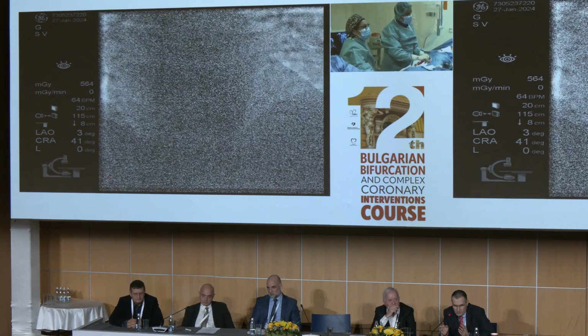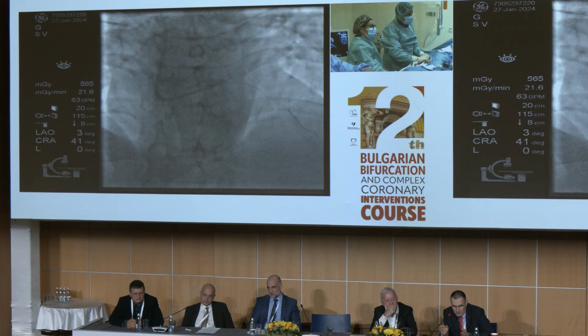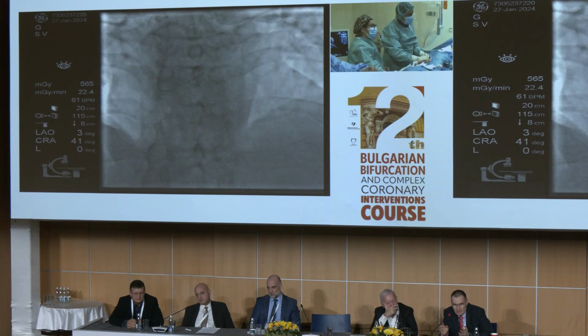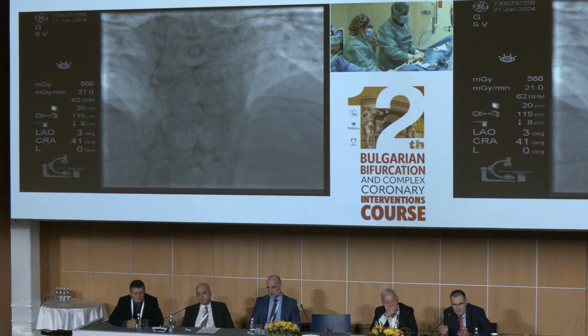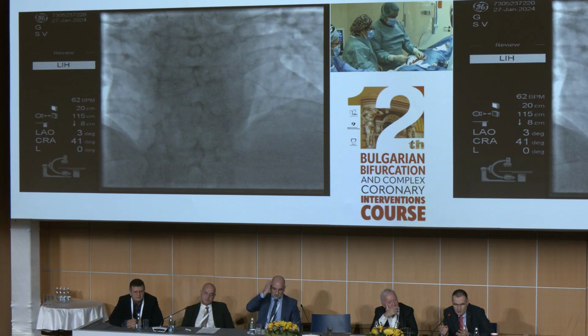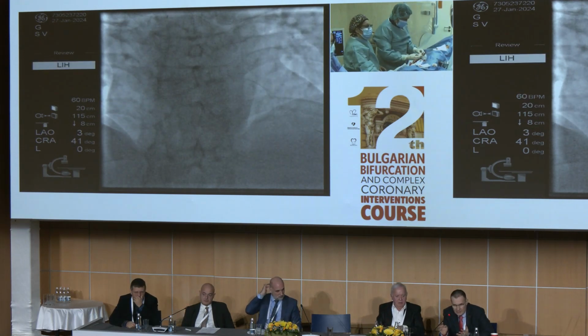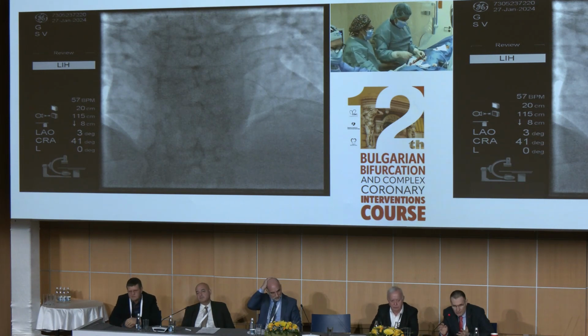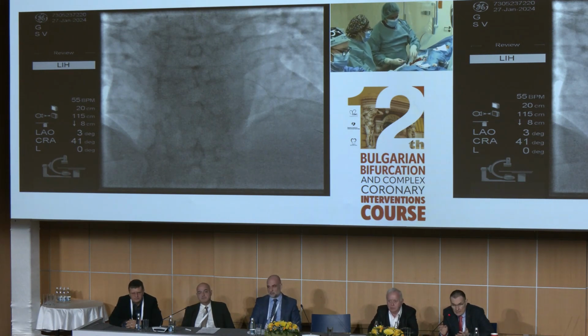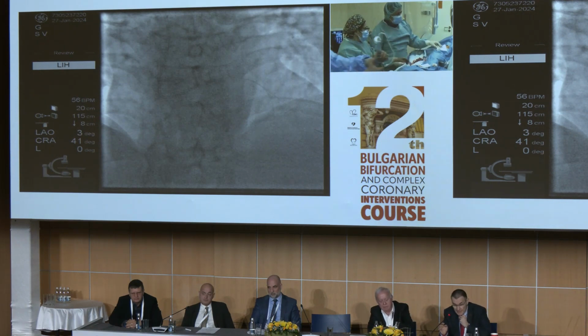But what we saw from the contrast puffs, there was still some penetration of contrast behind the balloon. Contrast penetrated and visualized the diagonal branch and the septal. For me, this is really unexpected.